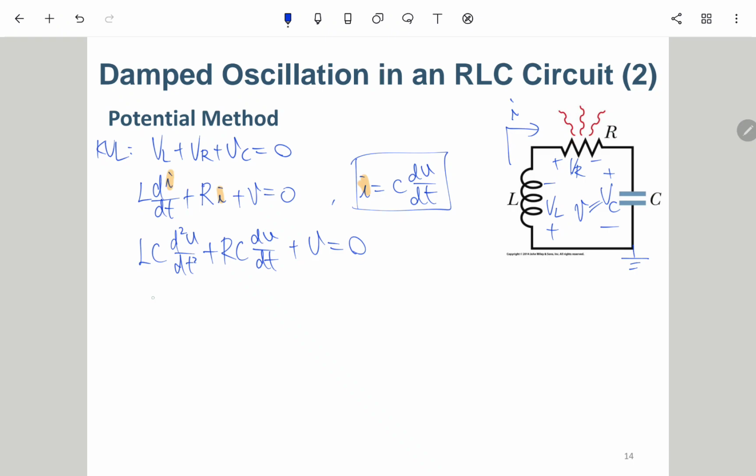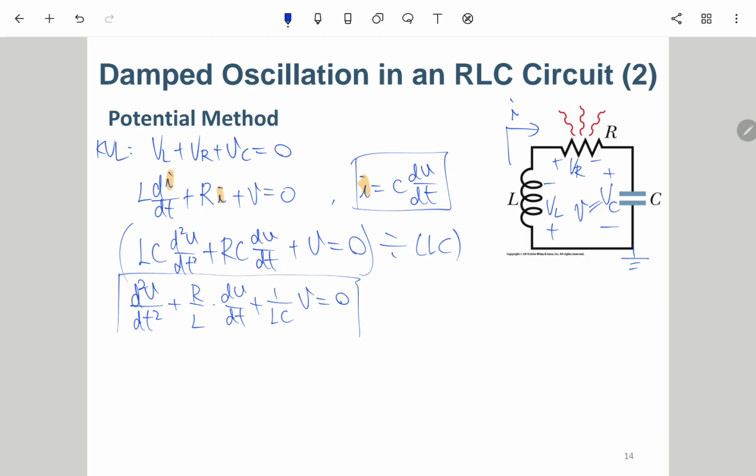Here we can just divide the whole thing by LC, so we have a leading coefficient of 1. So d2V/dt2 plus RC over LC, which becomes R over L times dV/dt, plus 1 over LC V equals 0.